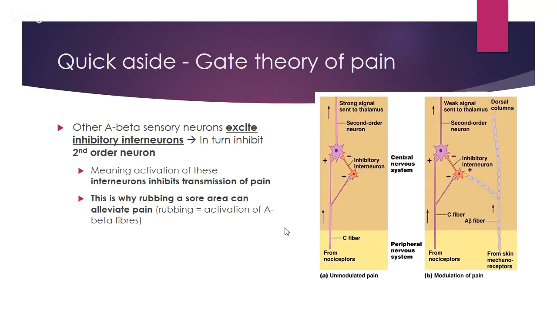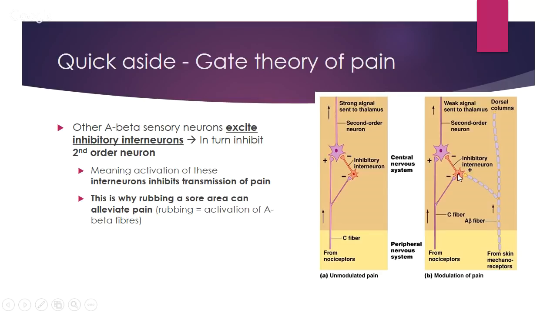Quickly, aside to some of the stuff Sunny might have talked to you about last semester. Do you guys remember the gate theory of pain? Kind of, maybe, no, okay. So all this is talking about is you have these sensory neurons coming in from your peripheries, and if, for example, you jab someone with a needle, giving them an injection, and then after a while you rub over that area, you also stimulate this A beta fiber for deep touch, and that goes on and activates this inhibitory interneuron.